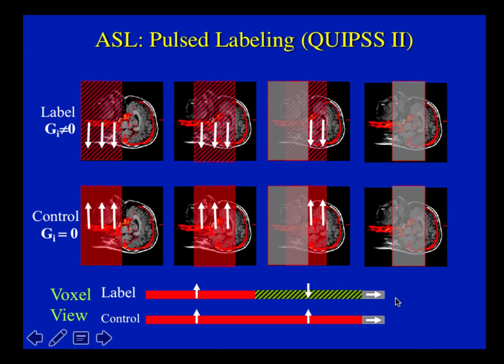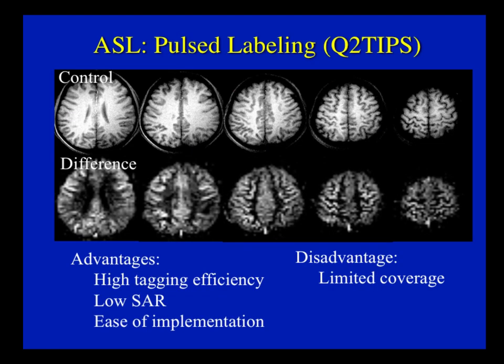By subtracting the label and control images, we can isolate the effect due to the inverted blood that arrived at the voxel. Here's an example of data that can be obtained with pulse labeling. On the top, you see a series of control images, and the bottom is the series of the same slices, the difference images, that's the control minus label images.